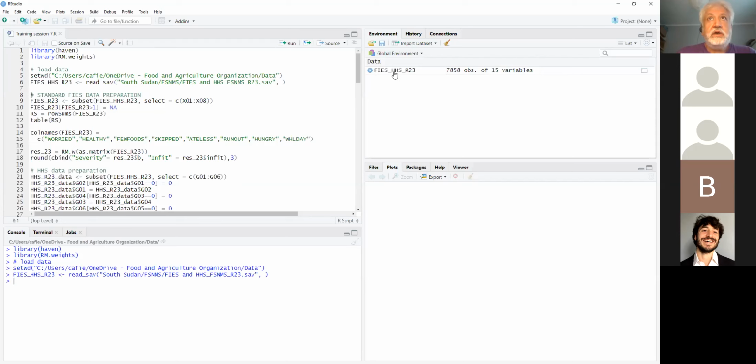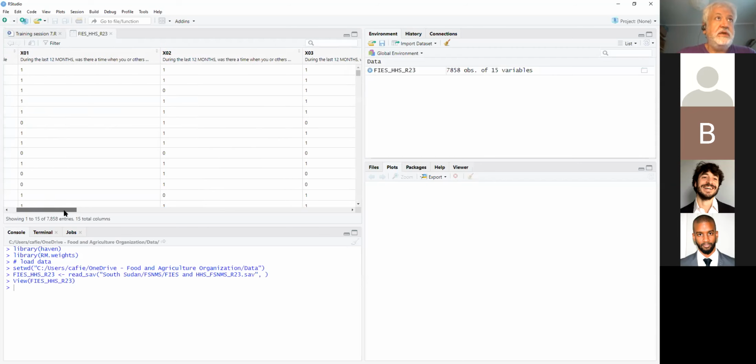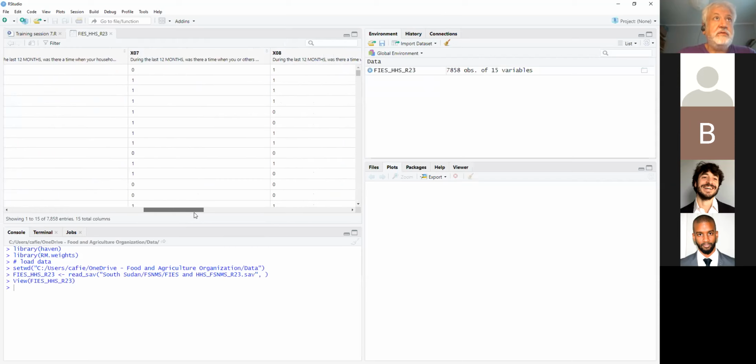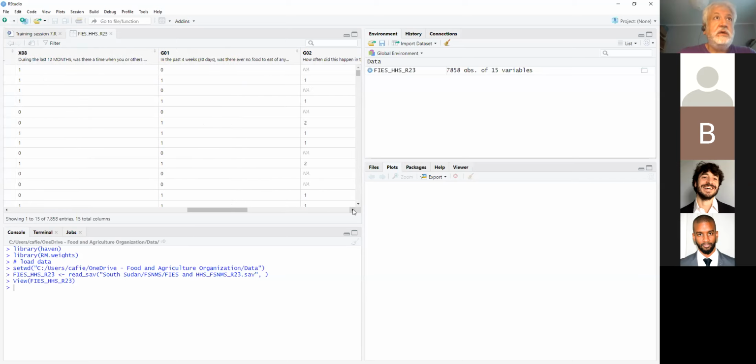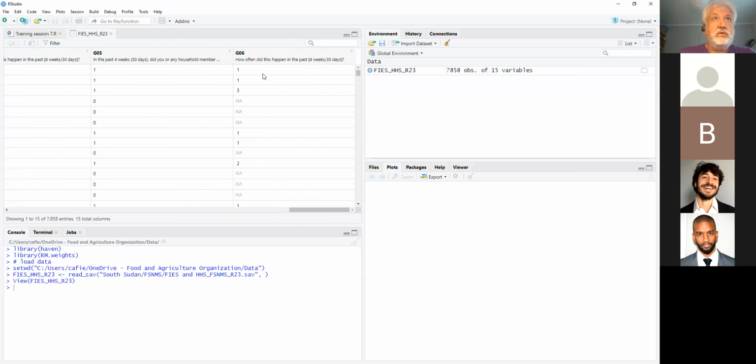As we already commented last time, this data set includes the FIES questions, labeled here from X01 to X08, and then the household hunger scale data, labeled from G01 to G06.